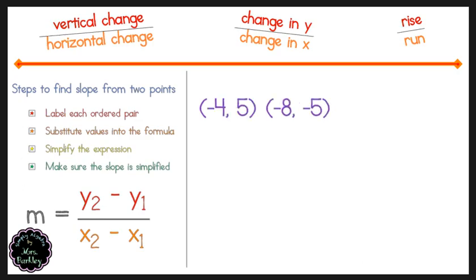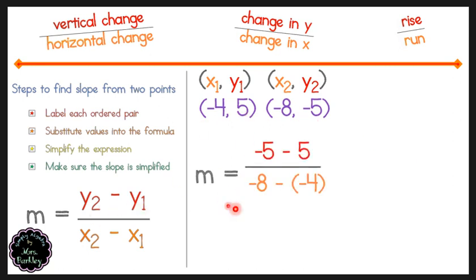If we look at the points -4, 5, and -8, -5, and labeling our ordered pairs, when we substitute these values into the slope formula, our y sub 2 is -5, minus our y sub 1, which is 5. Our x sub 2 is -8, minus our x sub 1, which is -4.